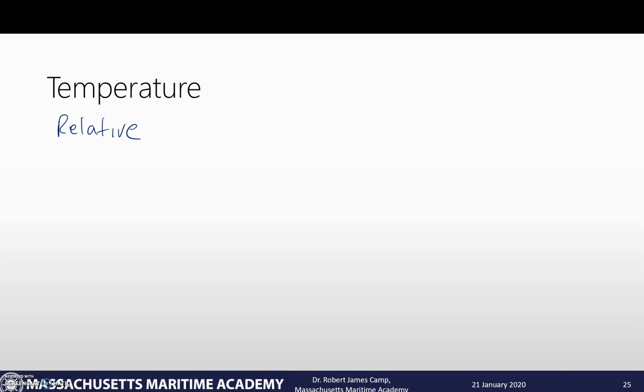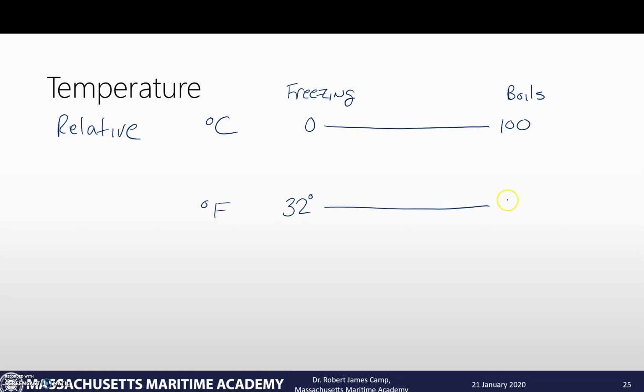In the metric system, you have the degree centigrade or degree Celsius, and that runs from water freezing at 0 degrees centigrade, and then it boils at 100 degrees centigrade. So that's a pretty easy thing to remember. In the English system, we have the degree Fahrenheit. Water freezes at 32 degrees Fahrenheit and then boils at 212 degrees Fahrenheit.